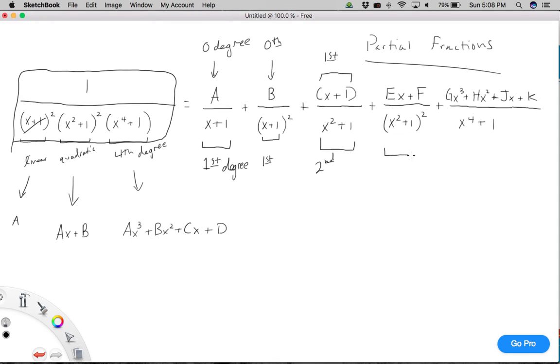Okay, and then here, second degree polynomial in the denominator. So you need a first degree polynomial in the numerator. And right here, we have a fourth degree polynomial in the denominator. So we needed a third degree polynomial in the numerator.